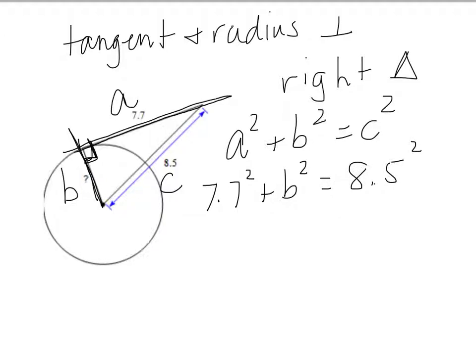So 7.7 squared is equal to 59.29 plus B squared equals 8.5 squared, which is 72.25.